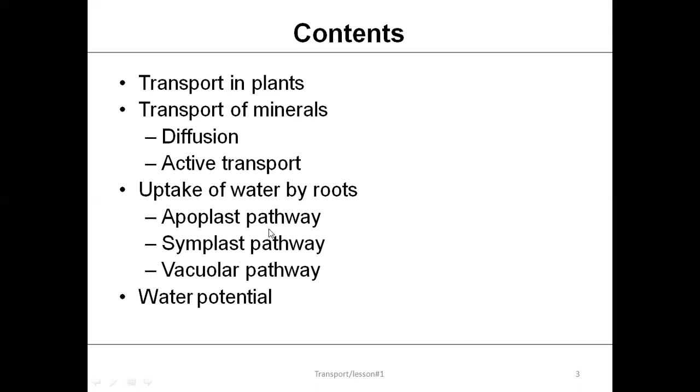First is the Apoplast pathway. I will tell you what Apoplast pathway is. Then is the Symplast pathway, and then is the Peculiar pathway. Okay. Then after that, we will also be discussing the water potential, but that will be in a different lecture. First of all, let us discuss these introductory concepts.